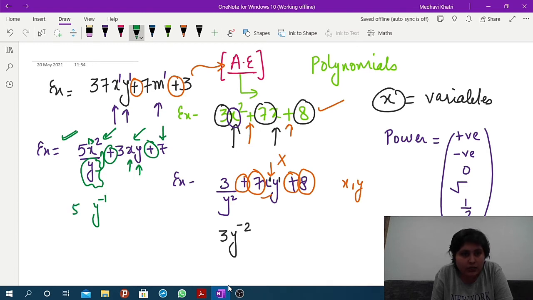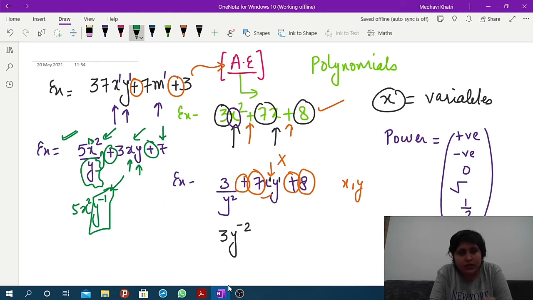That means this becomes 5x square y to the power -1. So here we have a variable whose power is negative. So we can directly say that this expression is not a polynomial, it is just an algebraic expression.